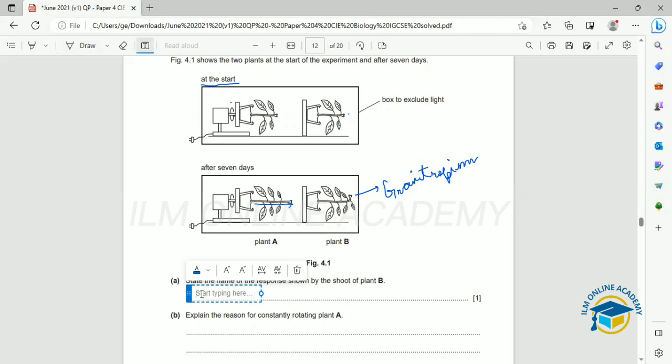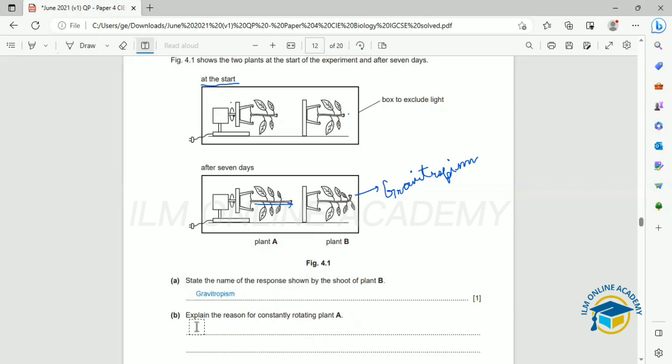Gravi means gravity, and tropism means turning. So it is the change in the direction of growth of plant organs in response to gravity.